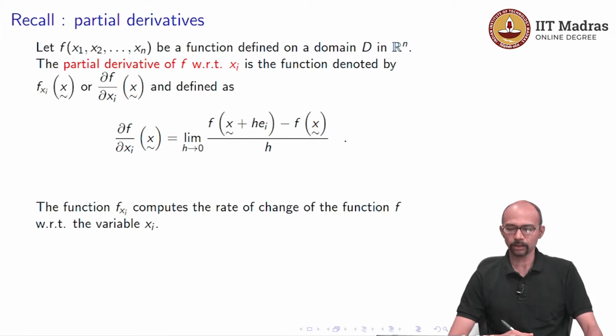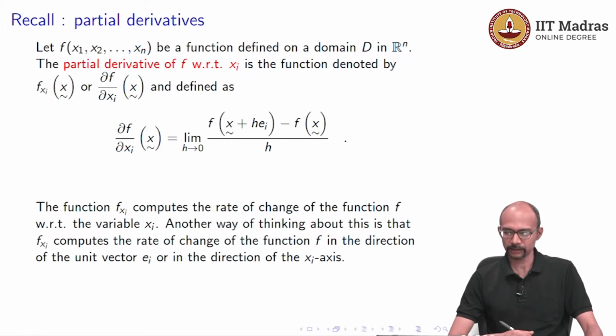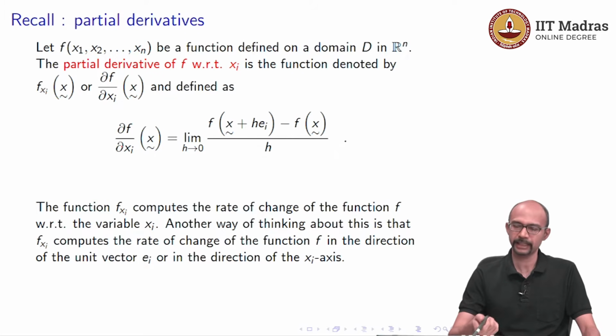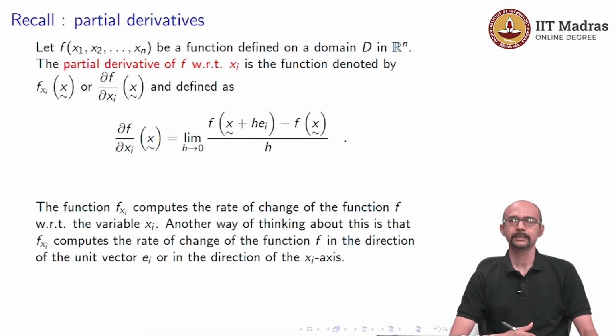So, you can think of the partial derivative as computing the rate of change of the function f in the direction of the unit vector ei, and ei is showing up in the expression as well. This is the rate of change in that direction, meaning on that line. Which line? The line containing ei.